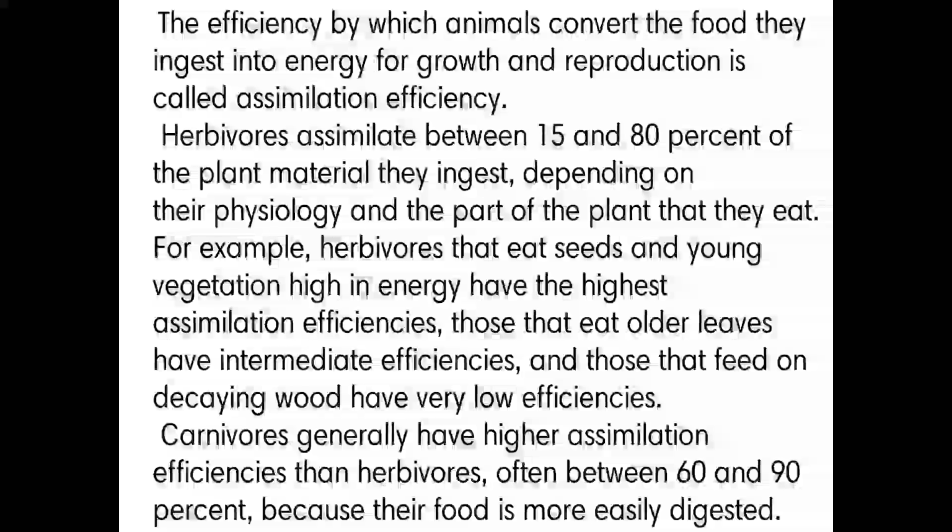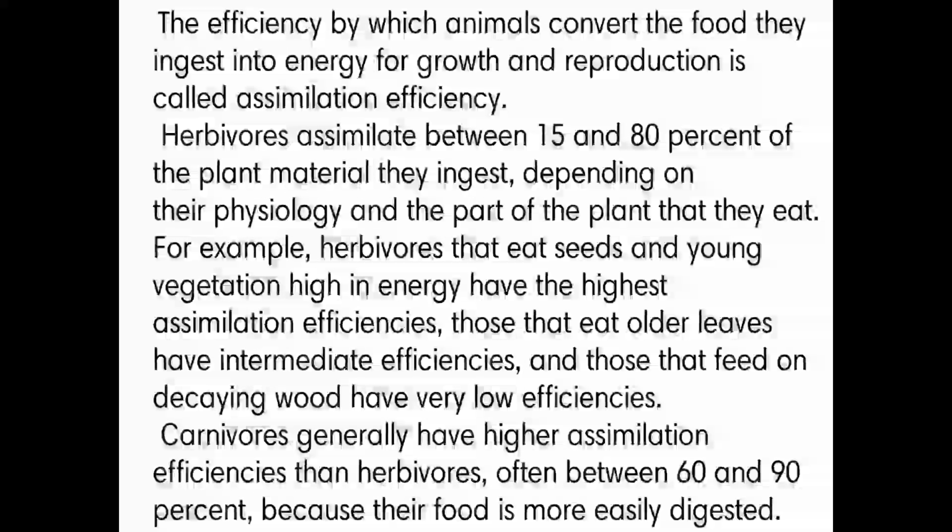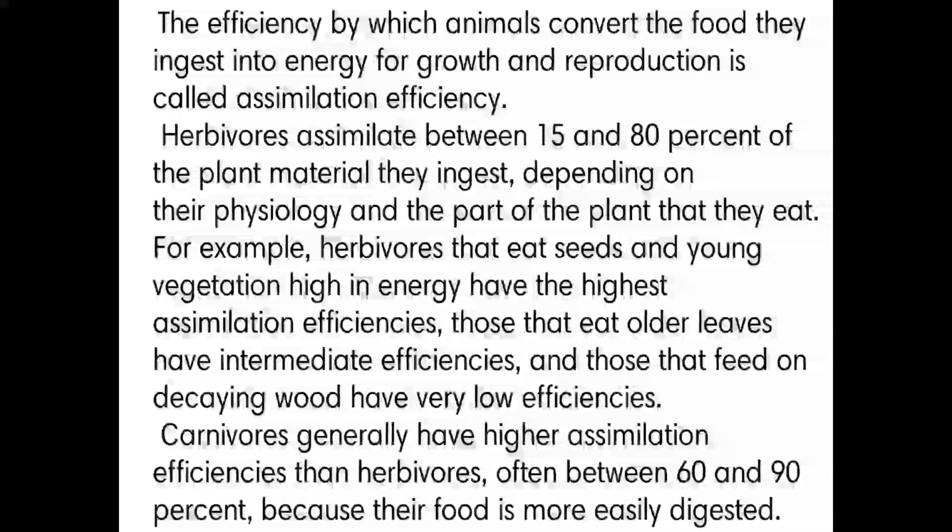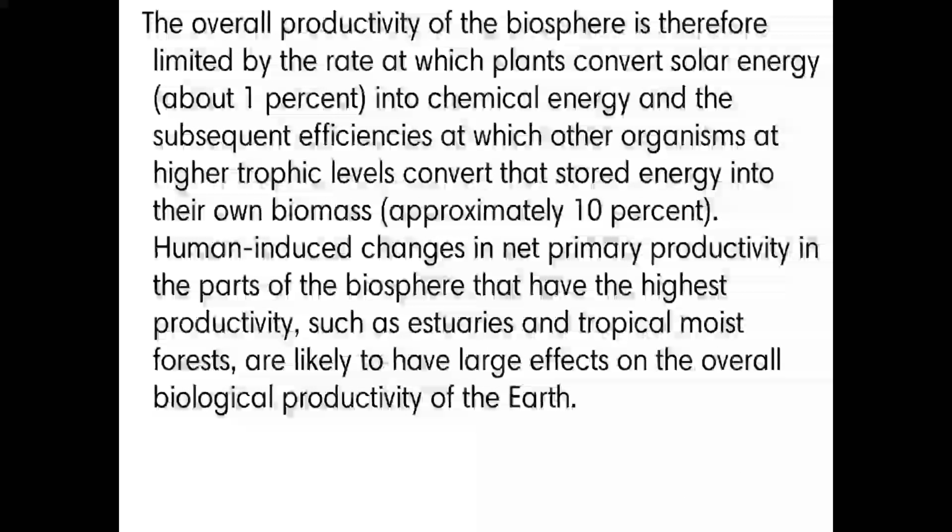Carnivores generally have higher assimilation efficiency than herbivores, often between 60 and 90%, because their food is more easily digested. The overall productivity of the biosphere is therefore limited by the rate at which plants convert solar energy, about 1%, into chemical energy, and the subsequent efficiency at which other organisms at higher trophic levels convert that stored energy into their own biomass, approximately 10%.